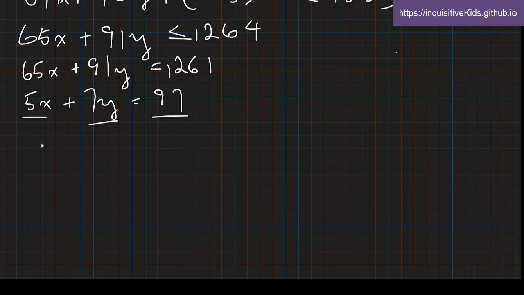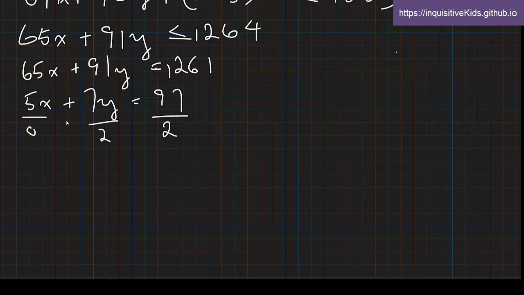5x divided by 5 has a remainder of 0, because multiples of 5 have a unit digit of either 0 or 5. 7y divided by 5 has to have a remainder of 2, because 97 divided by 5 has a remainder of 2.